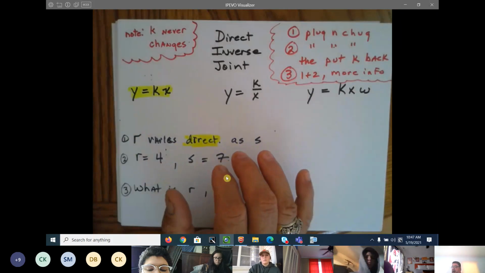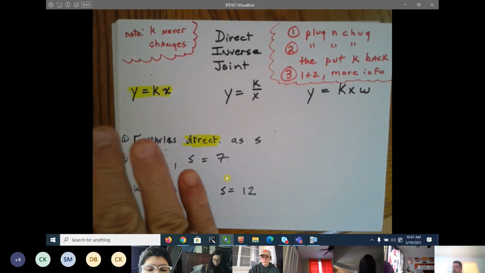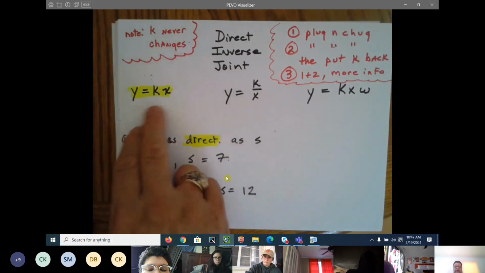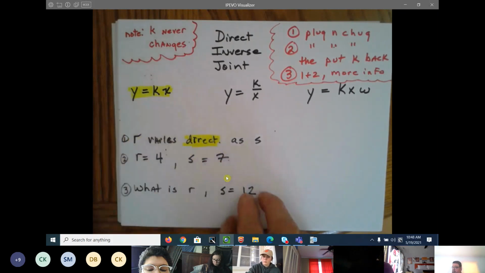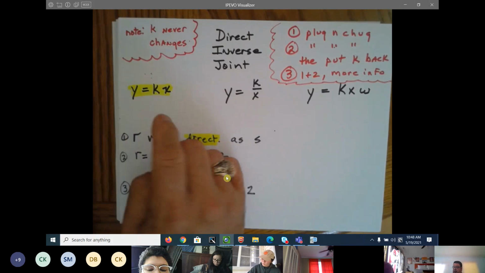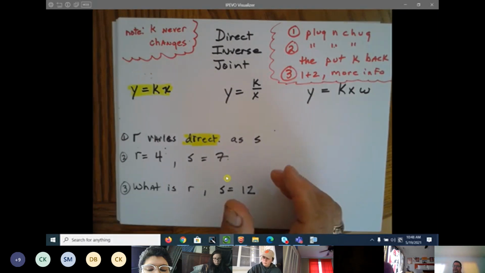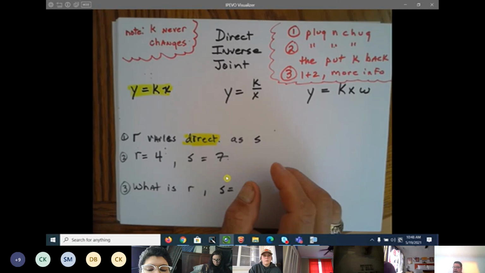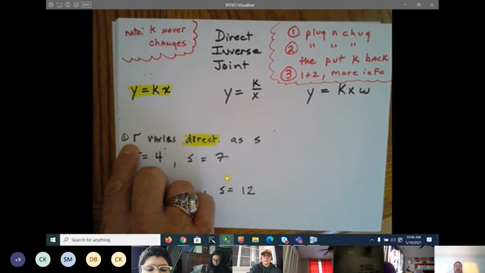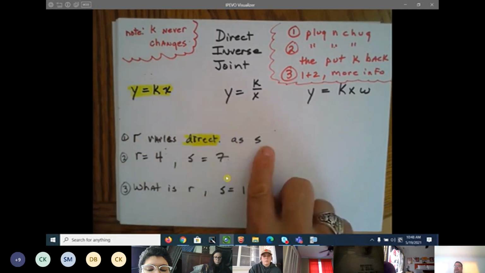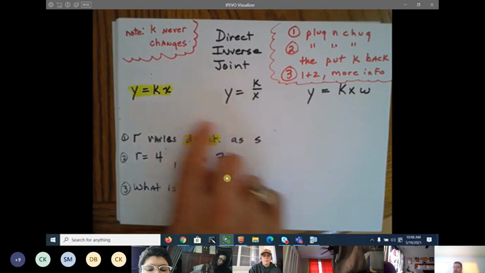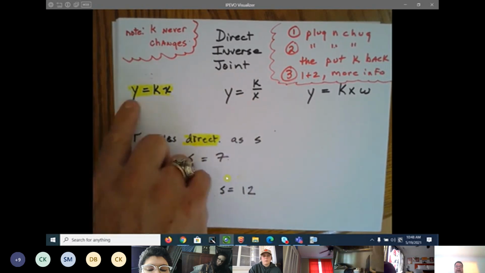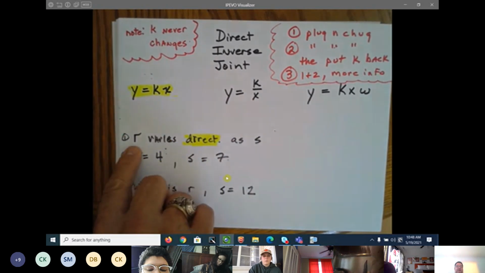And instead of writing y, which way do we read? Left to right. So y is going to change into r, and x is going to change into s, because we read from left to right. Y comes first, r comes first.